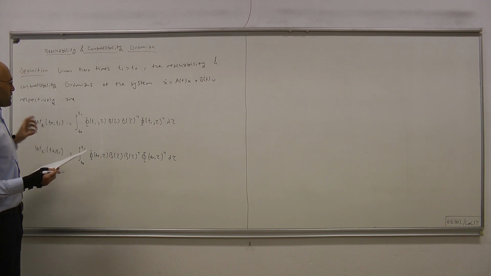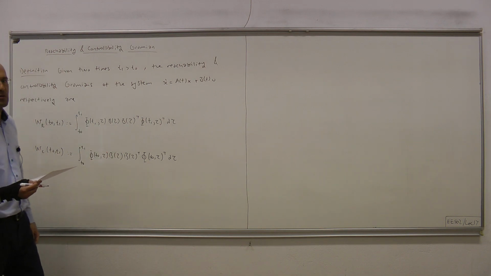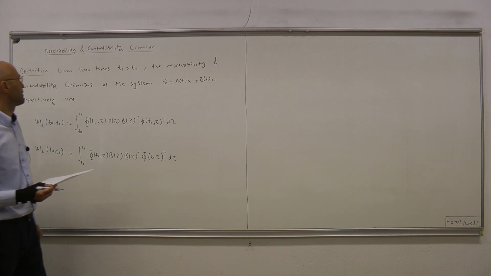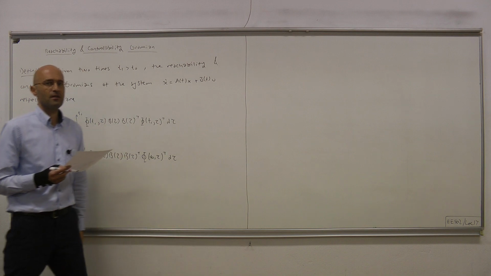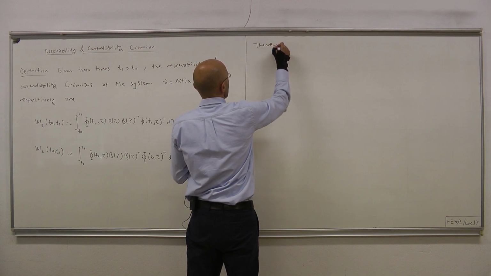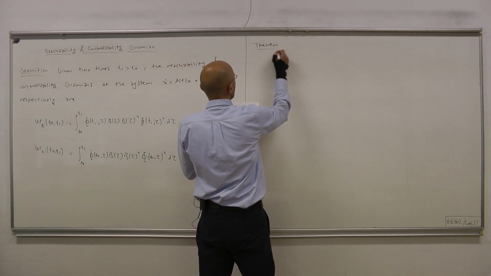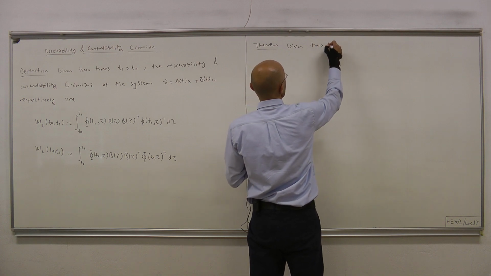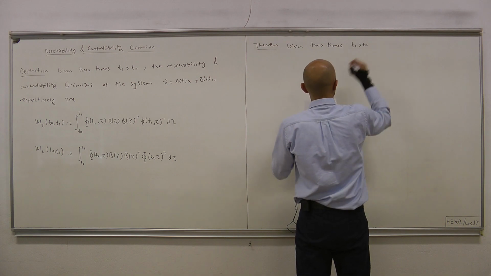Now, let's establish the relations of these two symmetric, positive semi-definite matrices with the reachable and controllable subspaces of our LTV system. And this is the theorem that we will prove in this lecture. Suppose that we are given two time instants, T1 and T0.